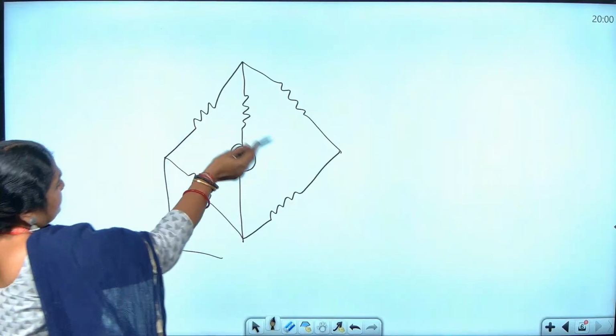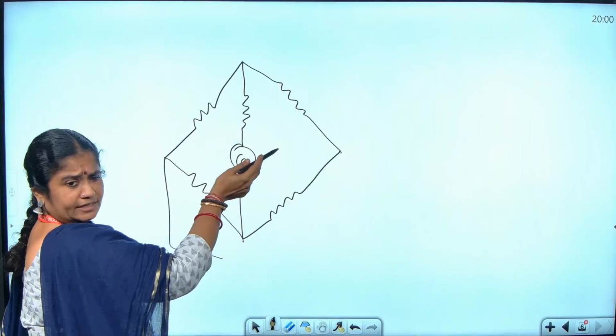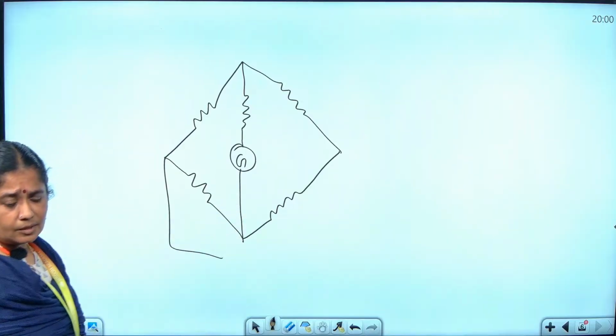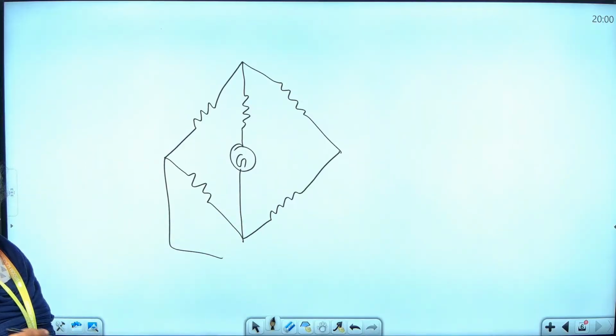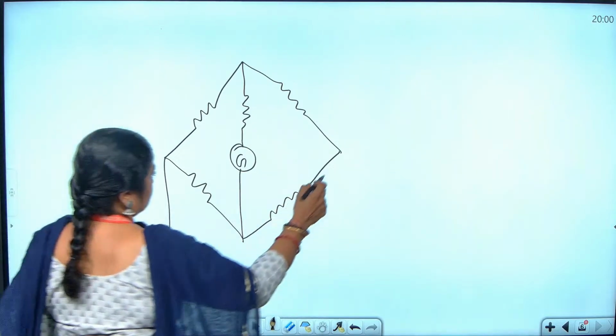10 and 10 give 20, and 20 and 20 are in parallel. 1 by 20 plus 1 by 20 is 2 by 20, 20 by 2, so 10 will come.